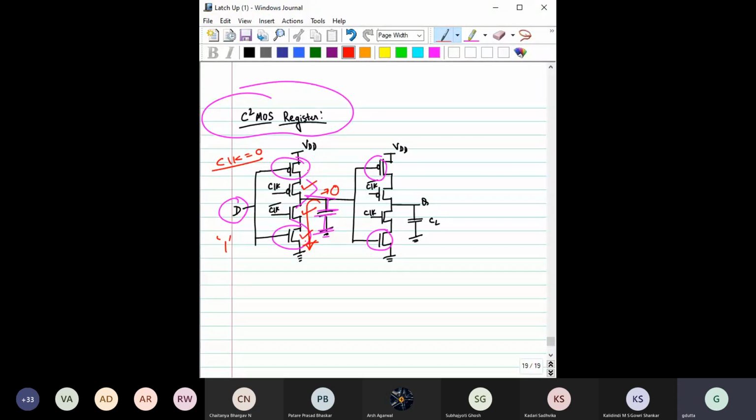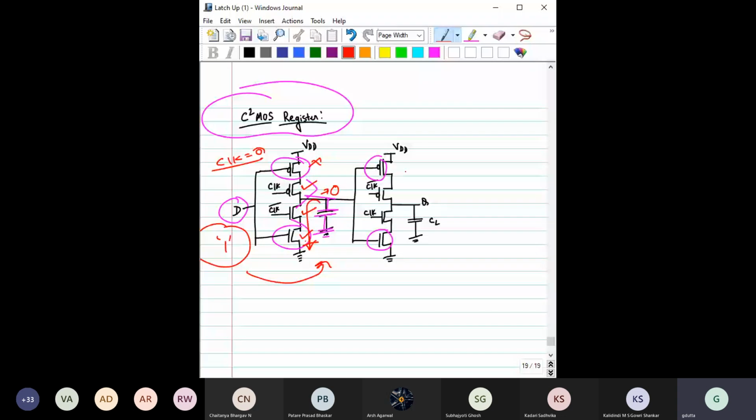Is there any path by which the capacitor can also charge? No. D is equal to 1, so this transistor is off. So there is no path for this capacitor to charge, and this value will be 0 only. So have you understood one thing? Whatever you have given here, the inverted value is getting stored here. Okay, now see what happens in the second part when the clock is equal to 0.